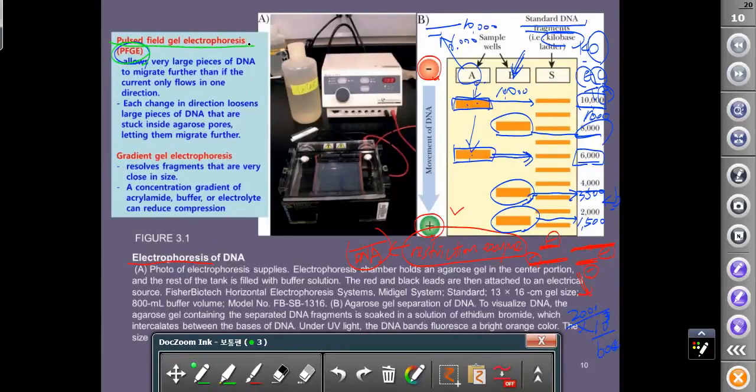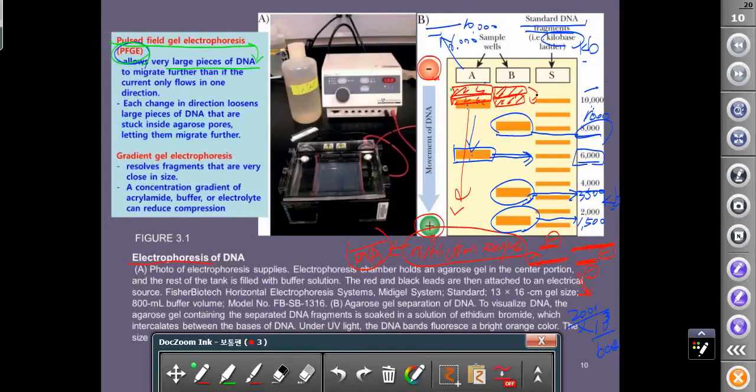This is good for separating large pieces of DNA. Let's say you have only large fragments, then they will stay in the upper part. They will not go down. You will see only these large ones overlapping each other.